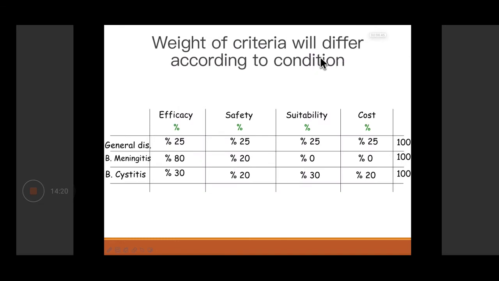So now there is this, look at this table, wonderful table. 4 things: efficacy, safety, suitability, and cost. So when you have a general disease, not very threatening, you could easily give 25% score to each and get 100.